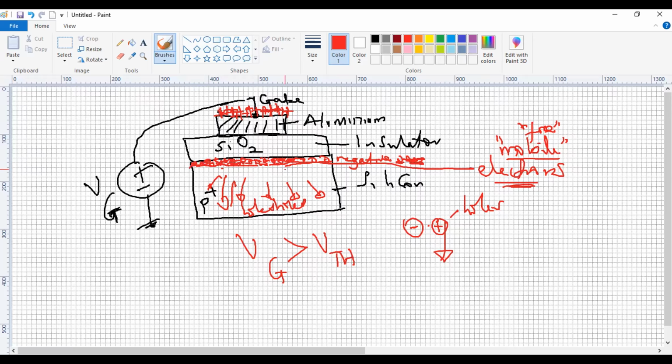So a bunch of free electrons, a thin layer of electrons up here. So what I've done is basically I've inverted that P layer, and it looks kind of like an N layer. So we've gone through that so-called inversion.